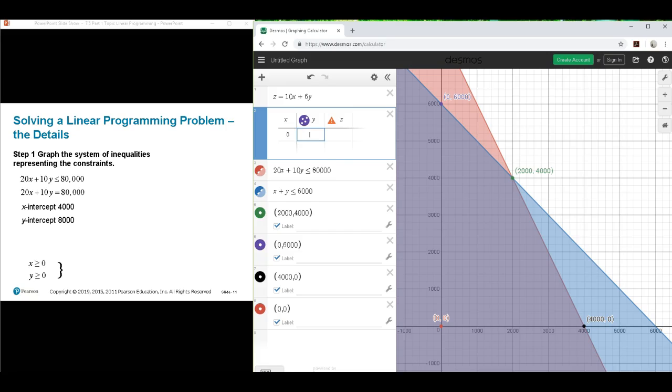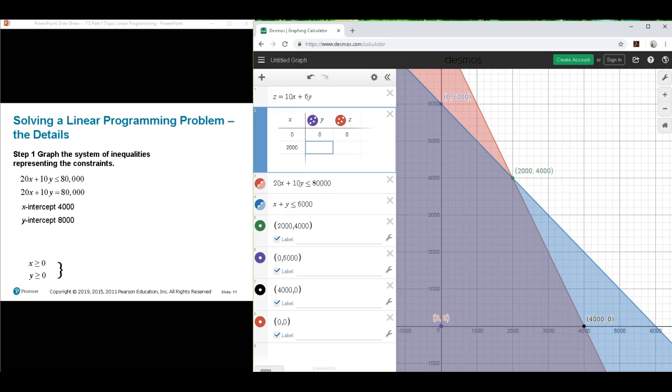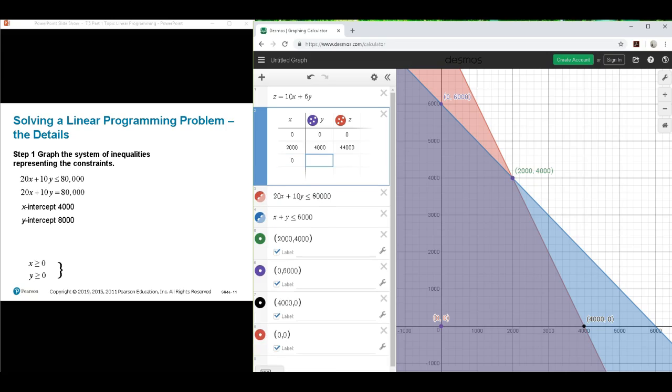So we have a 0 and a 0, and that gives us a 0. You put 2,000, 4,000, it gives us 44,000. 0, 6,000, 36,000. Am I missing something else? 4,000.